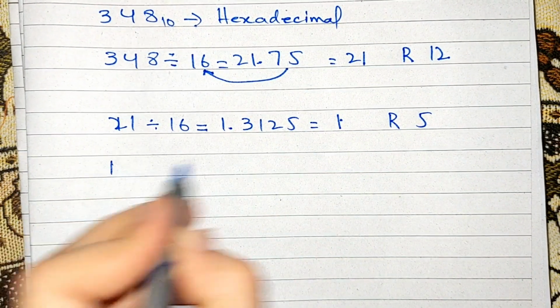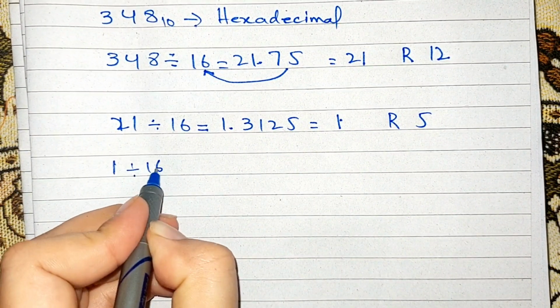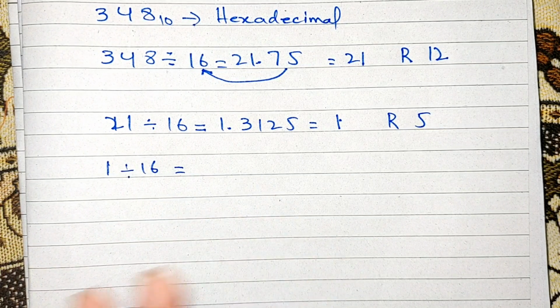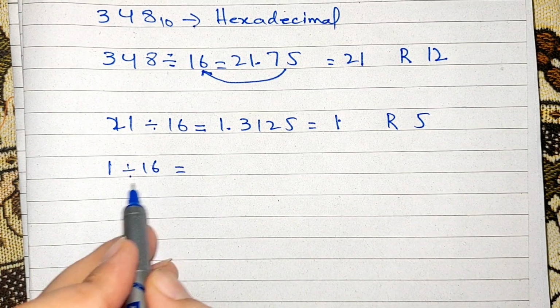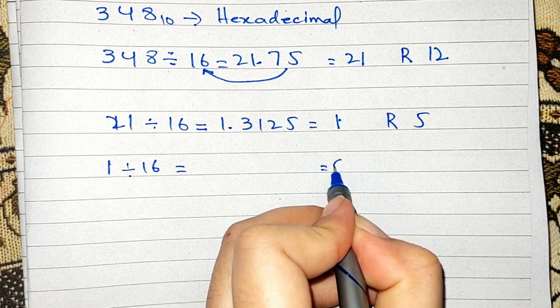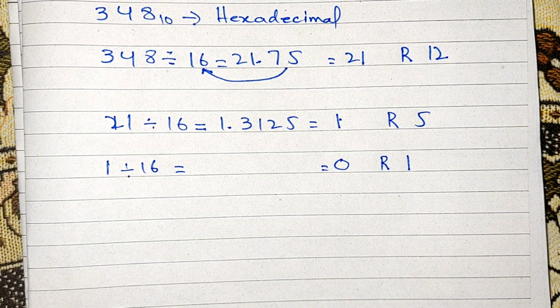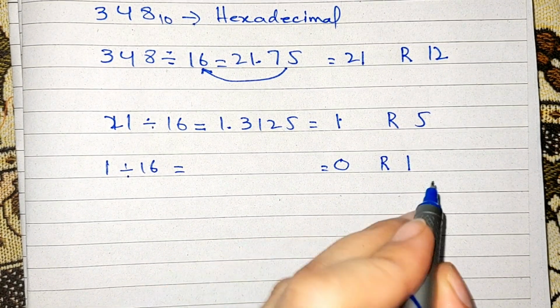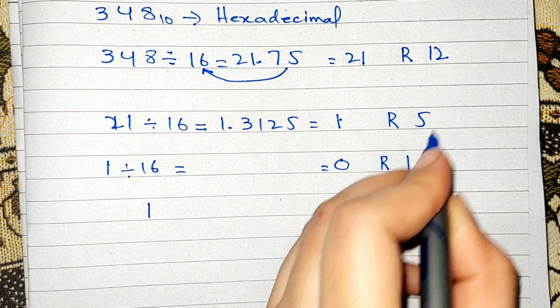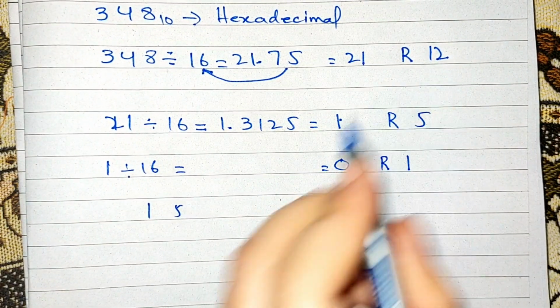Again we will divide 1 by 16, that is not possible, so what we can do here is, 16 goes into 1 zero times, and the remainder will be 1 here. Now let's write the number here, that is 1, 5 and 12.